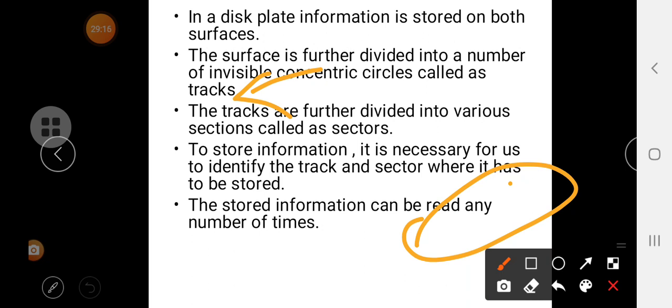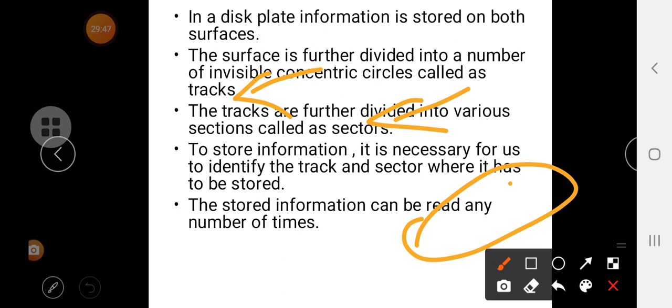Whenever you buy any CD, on that CD there will be concentric circles. So that is called tracks. Tracks are further divided into various sections called sectors. So tracks and sectors will be there in magnetic tape. To store the information, it is necessary for us to identify the track and sectors where it has to be stored.